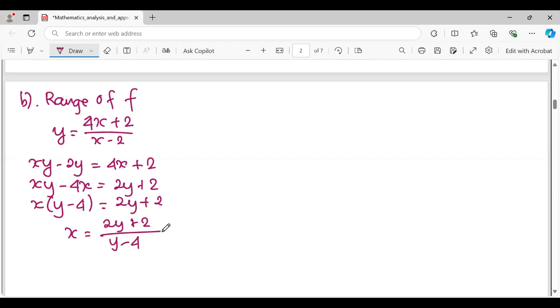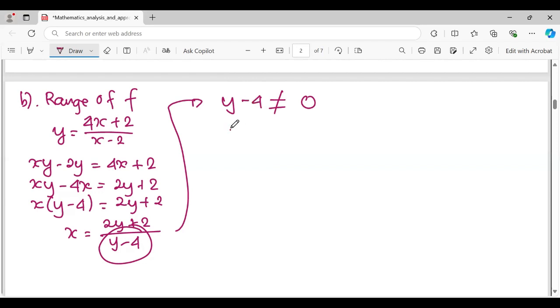So look at the denominator of this function. So the range of function f: y minus 4 should be unequal to 0.